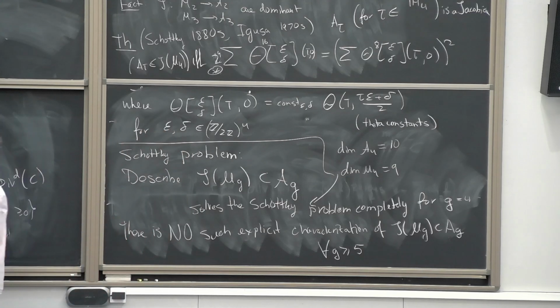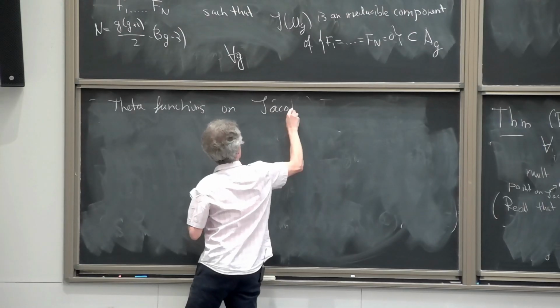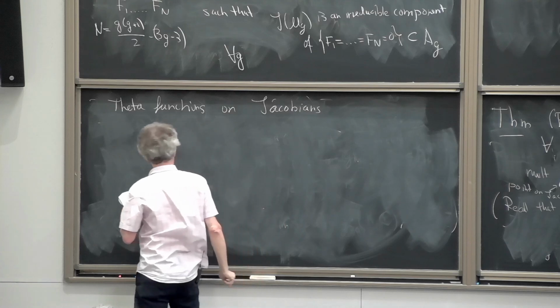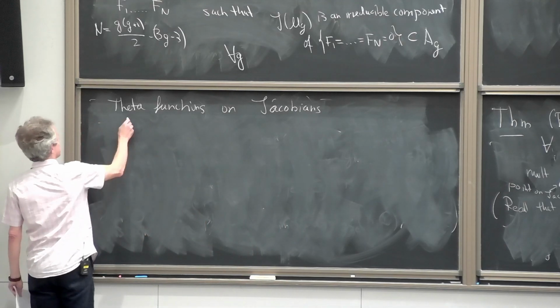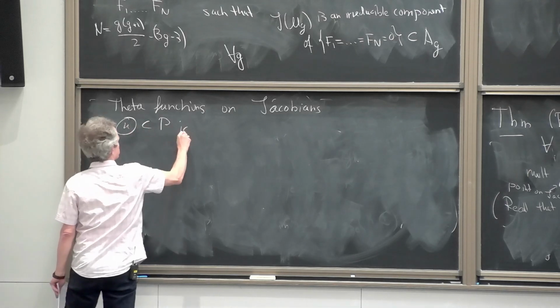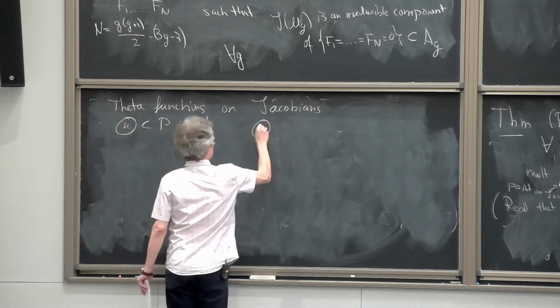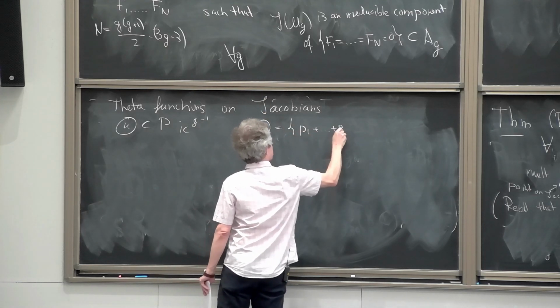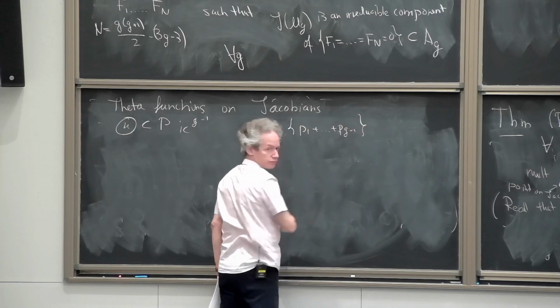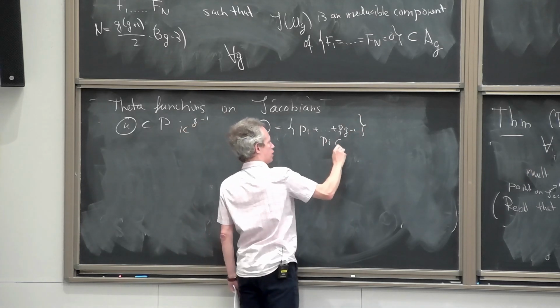Okay. So I want to continue with discussing theta functions on Jacobians. Remember we have the theta divisor in Pic^{g-1}, and theta, as was written and erased, is just the set of all things of the form p_1 + ... + p_{g-1}, where the p_i are points in the curve.